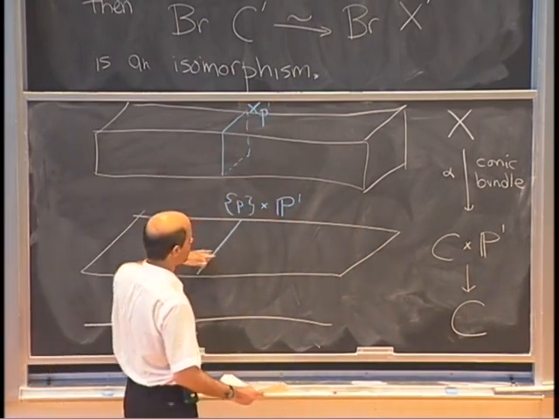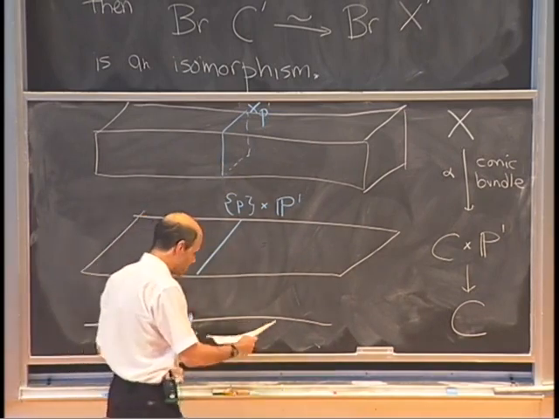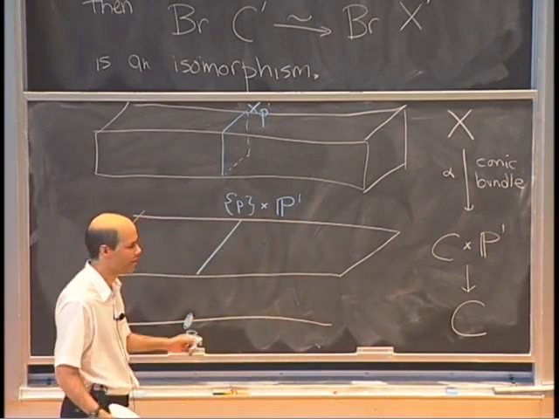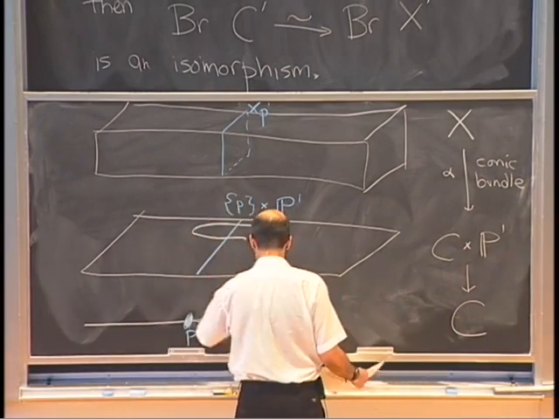There's going to be a locus above which the fibers are singular, and I'm going to choose that so that it intersects this blue line in 4 points.